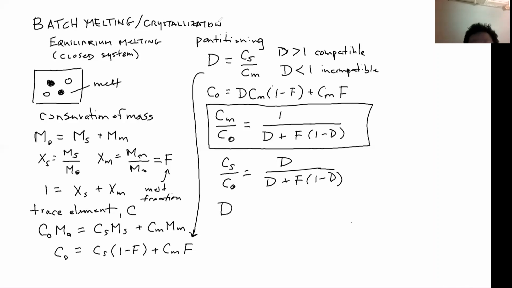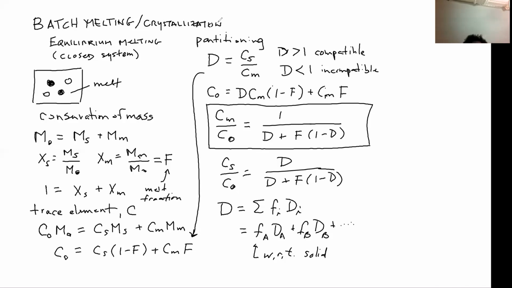And so D up there is really the sum of the mass fractions of each mineral phase times the D for a given phase. In other words, it might be the fraction of phase A times D phase A plus FB, DB, and so forth, okay? And F right here is with respect to the solid, not the bulk system.